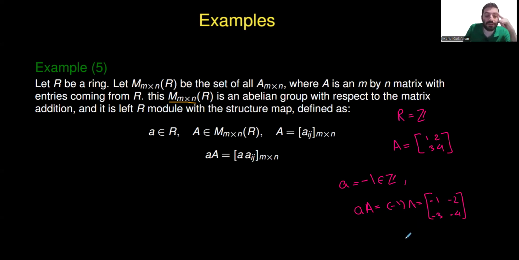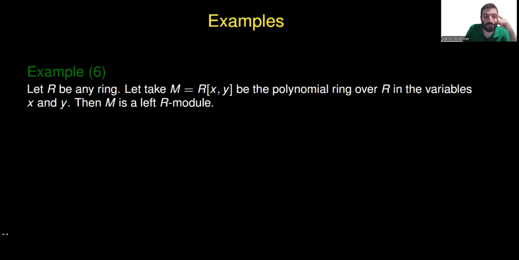Now let's come to the next example. Okay, we still have some examples, maybe one more. Let R be any ring, and let M be the polynomials over the ring R in the variables X and Y, with coefficients coming from the ring R. Then it's clear that M is a left R module.